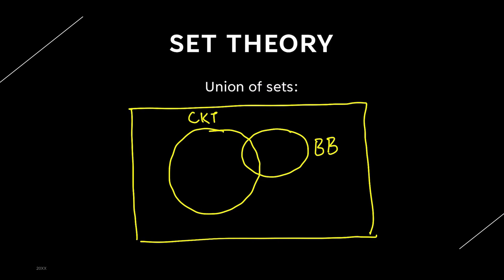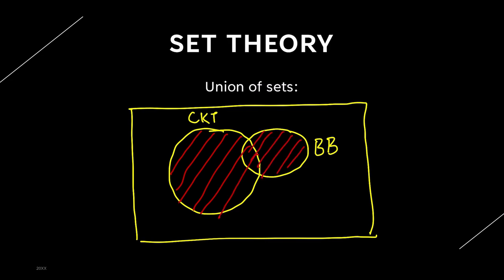Union of two sets means all the students who play cricket or basketball, give me the union of those sets. So union of two sets means this shaded area.